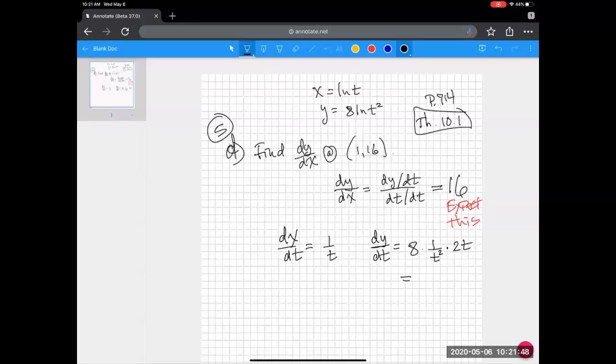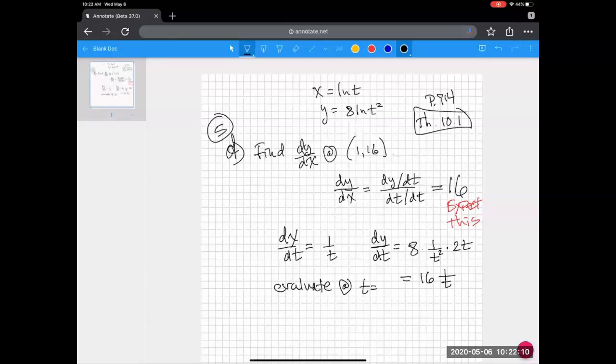So this becomes 16 times 1 over t. And then we evaluate when t is equal to, not 1, e.